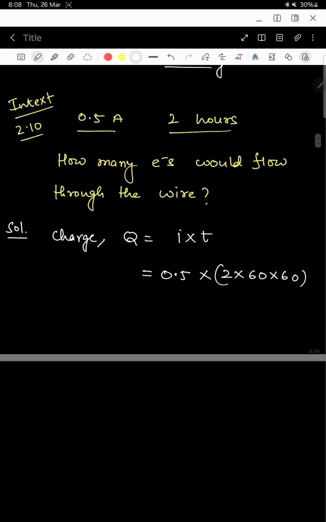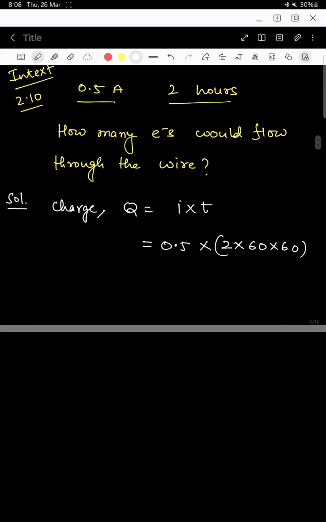So this will be the charge in coulombs. I will quickly calculate. It is going to be 3600 coulombs. So this is the charge that is passing through.